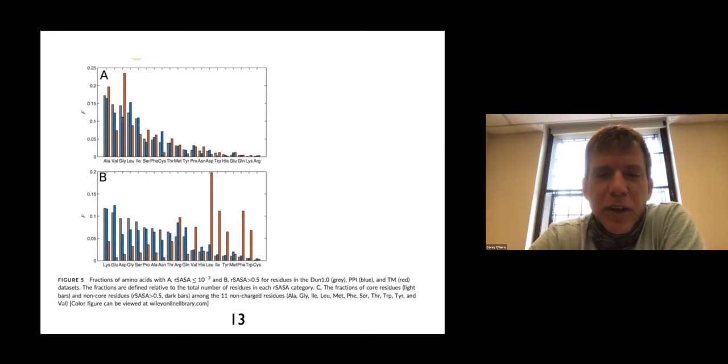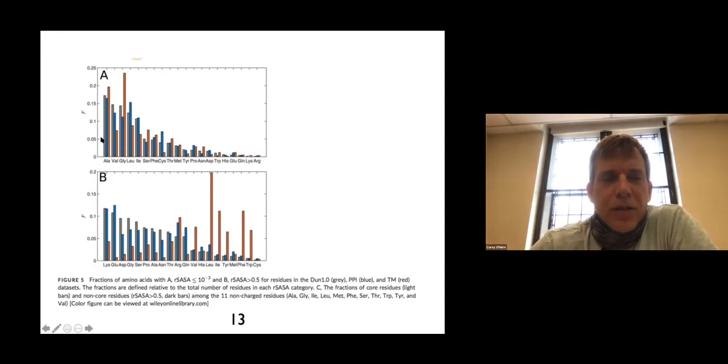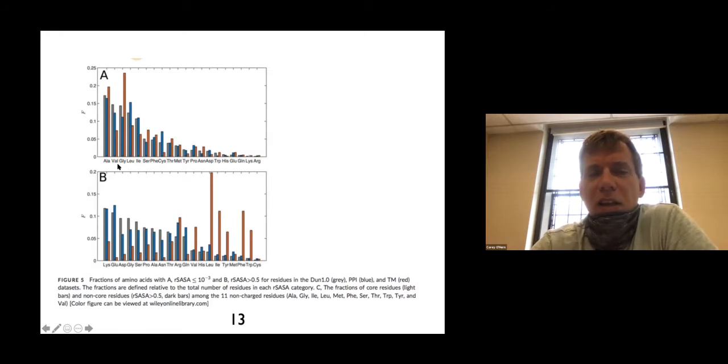But what we do here is we use a cutoff for the relative solvent accessible surface area that's very small. So it says that water molecules basically can never get very close to these particular amino acids. And so what you see are these typically hydrophobic or nonpolar residues showing up. Alanine, valine, glycine, leucine, isoleucine are very hydrophobic residues, and you're seeing that they don't have very much solvent accessible surface area.